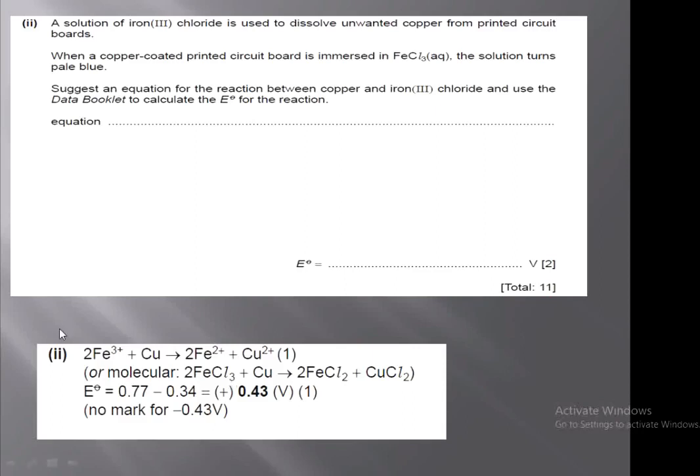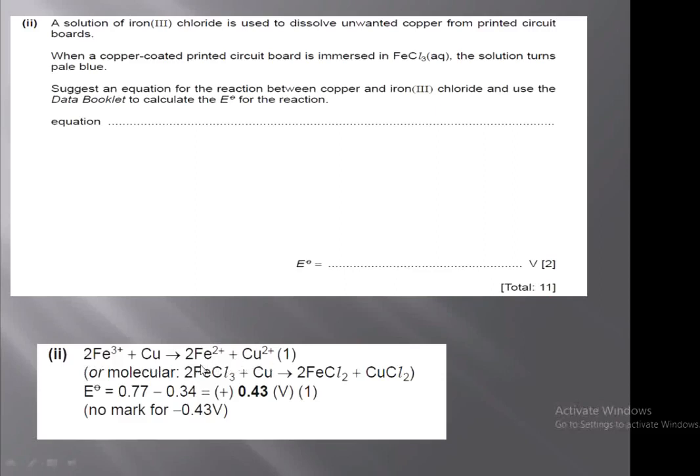He has asked just an equation for the reaction between the copper and iron 3 chloride, and to use the data booklet to calculate the E theta for the cell. So I have written the answers at the bottom of the slide. You can see that the iron 3 positive ion in the iron chloride is basically reacting with copper, and it is forming iron 2 positive ions plus copper 2 positive ion.